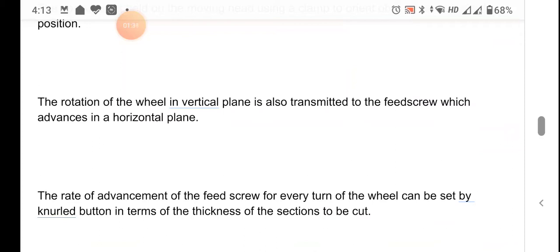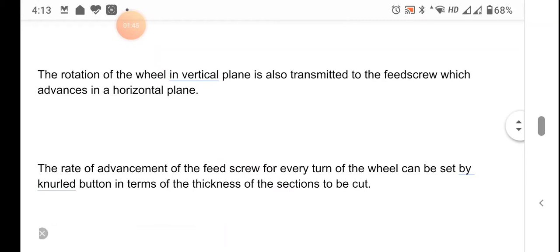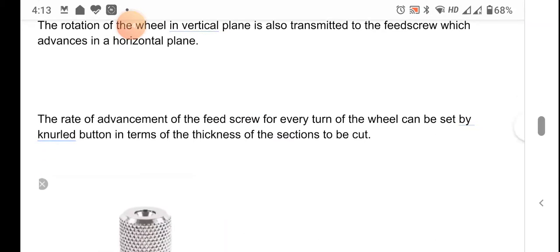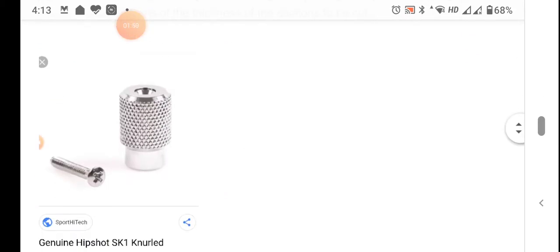The rate of this advancement can be controlled by using a knurled button, which is fitted on the side. This is the knurled button. This knurled button we will see also in several other instruments to adjust the movement of a part of the instrument.